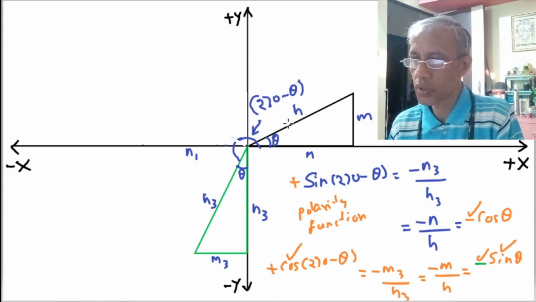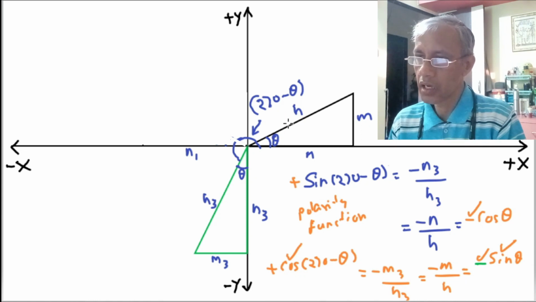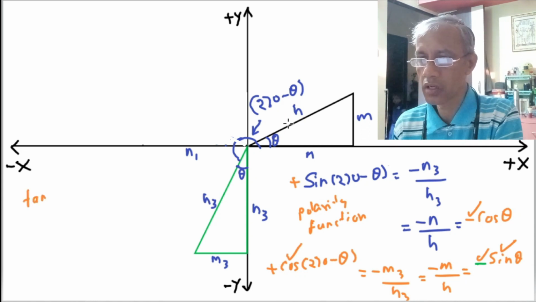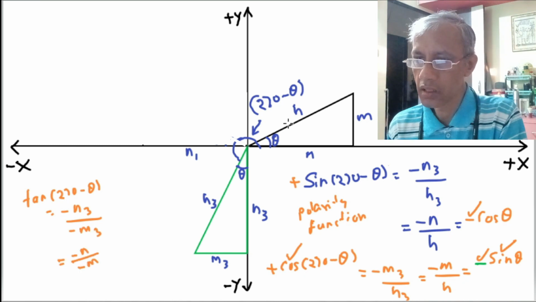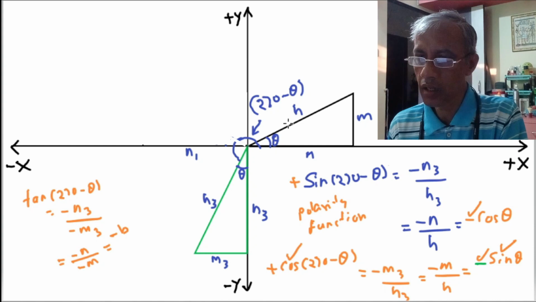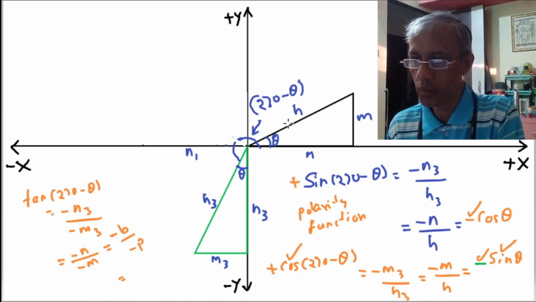So the polarity as well as the function gets changed over. And tan of 270 minus theta is equal to minus m3, the base, upon minus n3, that is, the minus of base by the minus of perpendicular, which is equal to positive of cot theta.